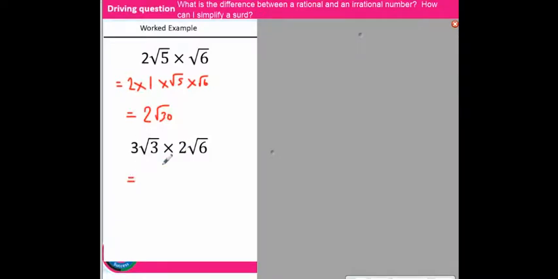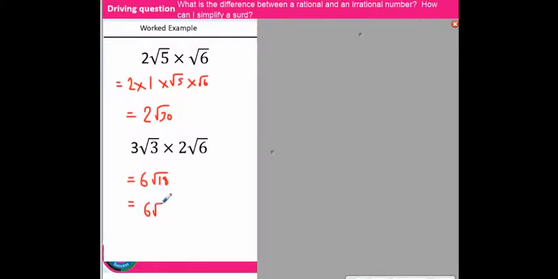Here we have 3 multiplied by 2, which is 6. And root 3 multiplied by root 6, which is root 18. Now, be really careful here. Root 30 didn't have any factors that were squared numbers, whereas root 18 does.